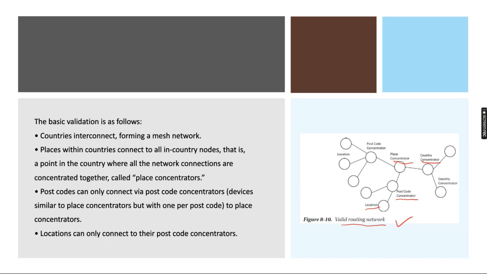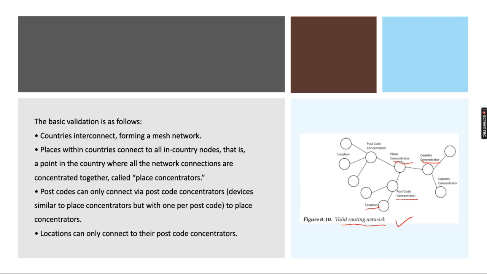So the basic validation is as follows. Countries interconnect, forming a mesh network. Places within the countries connect to the in-country node, that is a point in the country where all the network connections are concentrated together, called the place concentrators. Postcode can only connect via the postcode concentrator, devices similar to the place concentrator but with one per postcode.